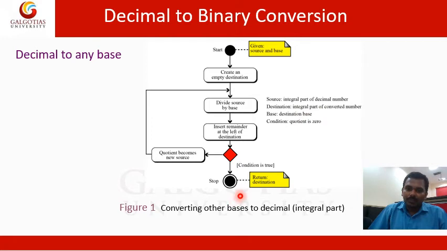When this condition is reached, we stop converting the source into the binary number system. This is basically the integral part of the decimal number, and then we will convert the fraction part of the decimal number.